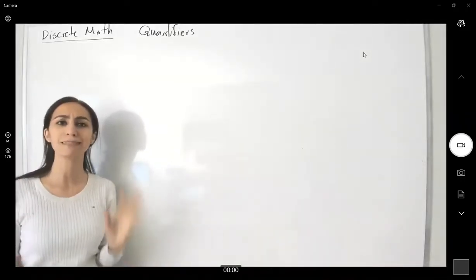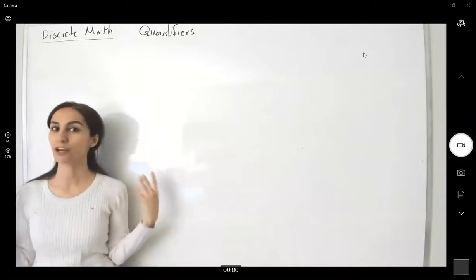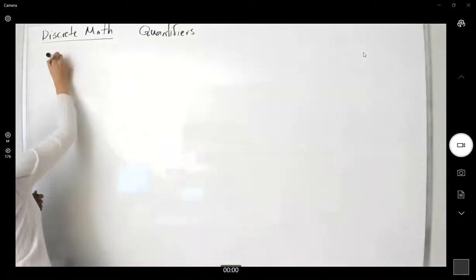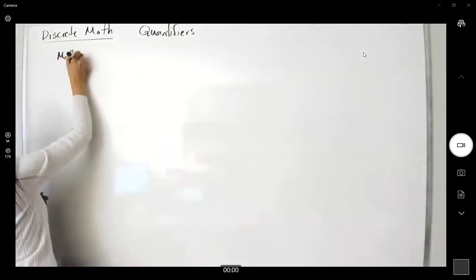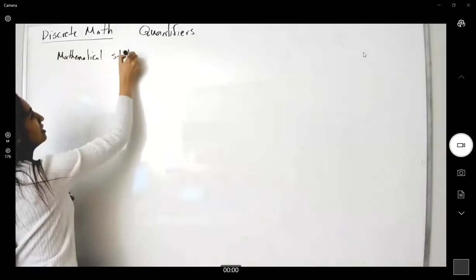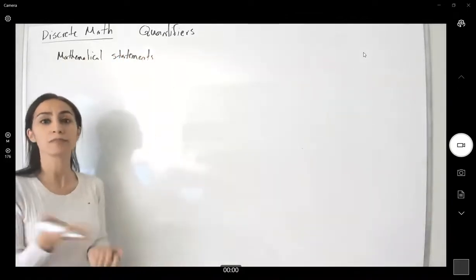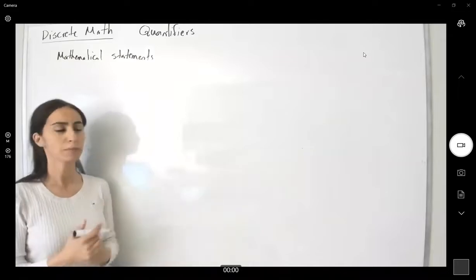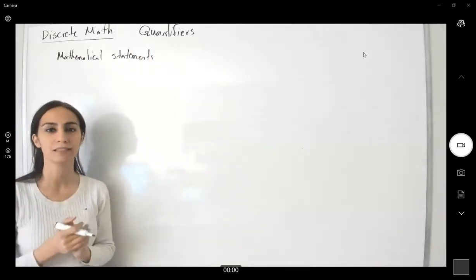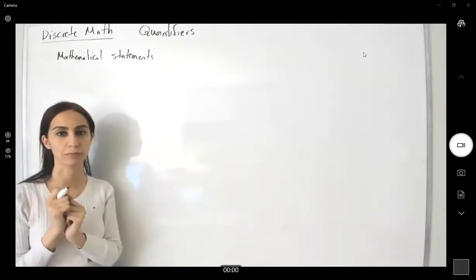We talked about statements in this class, not just English statements. We talked about mathematical statements like P, Q, sometimes we denote them by A, B. We learned that if we have a mathematical statement, we can assign only two values to those statements.